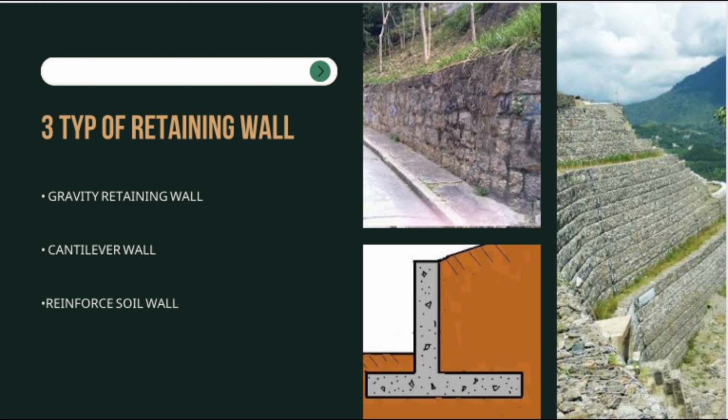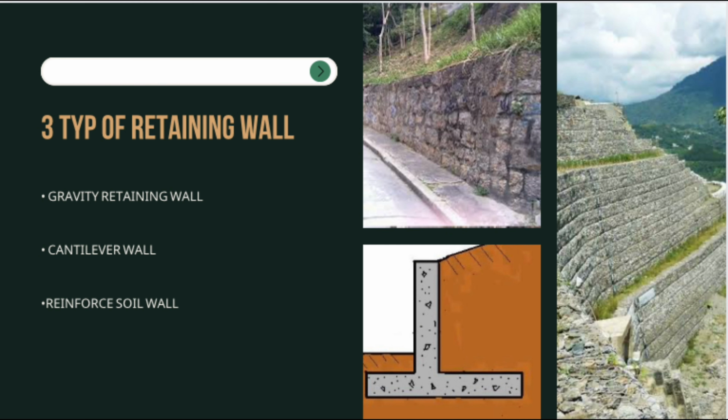Then the example, guys, is what you see in the first picture above. Then second is the cantilever wall. Cantilever walls are built using reinforced concrete with an L-shaped or inverted T-shaped foundation. This kind of retaining wall consists of a stem and a base slab which sits under the backfill.